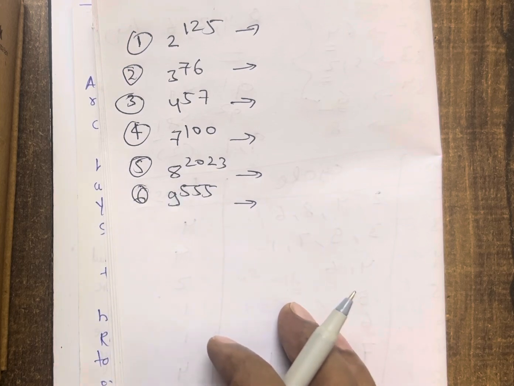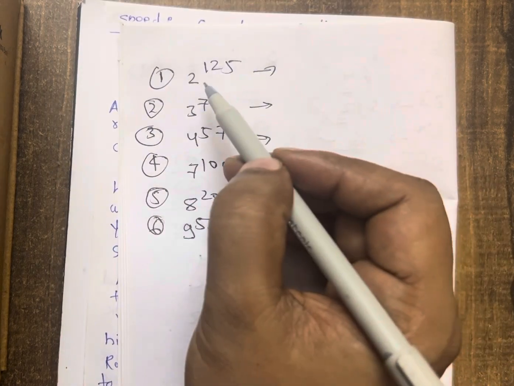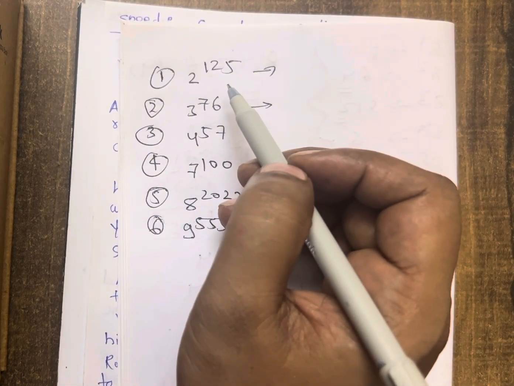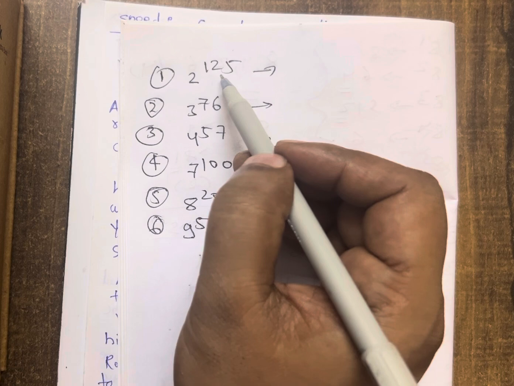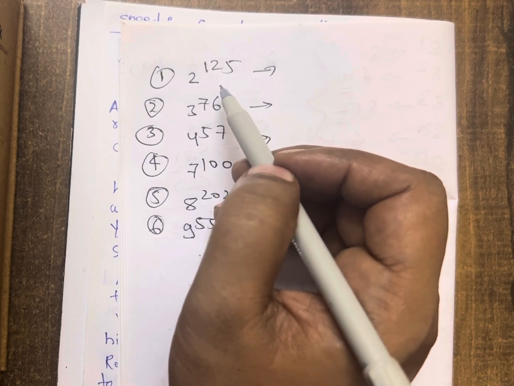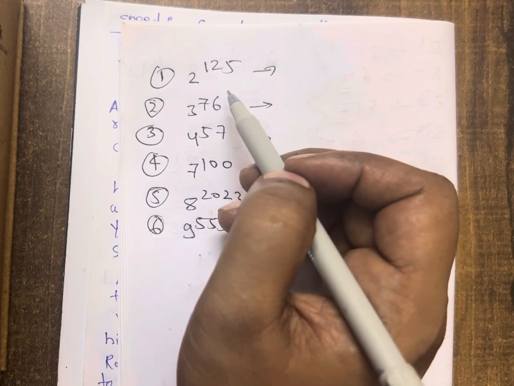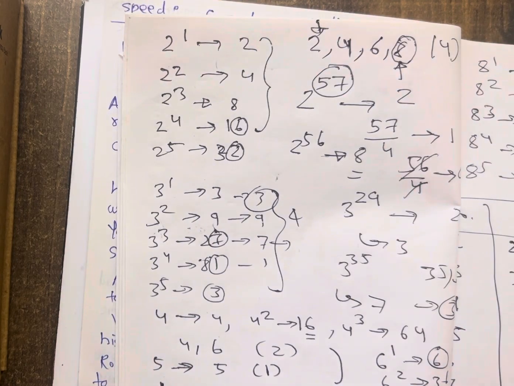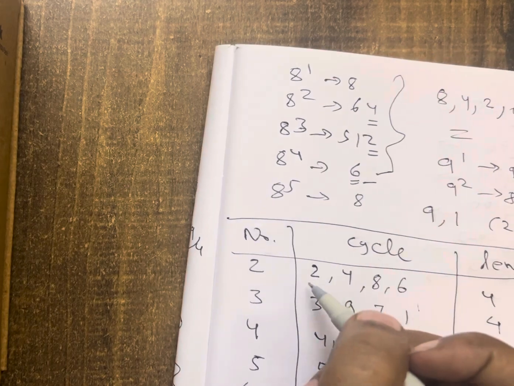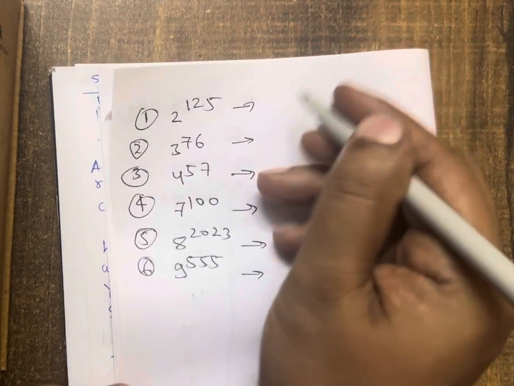Okay, let's try together. So we know 2's cyclicity is 4, so let's try to divide it by 4. If you divide it by 4, remainder will be 1. So in 2's cyclicity table we can find that at 1 we have 2. So just add that as an answer.